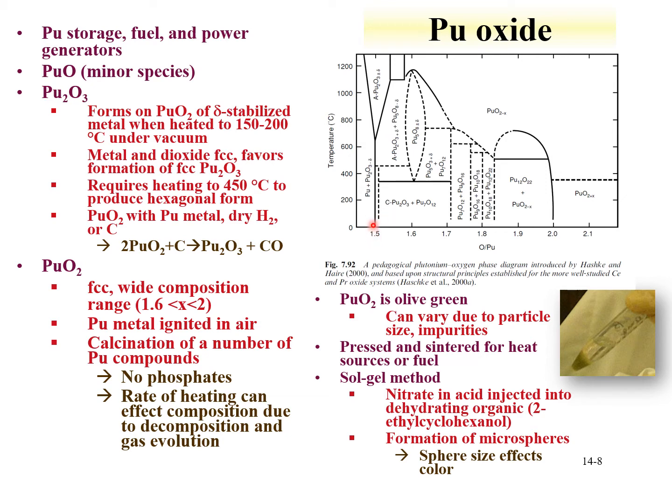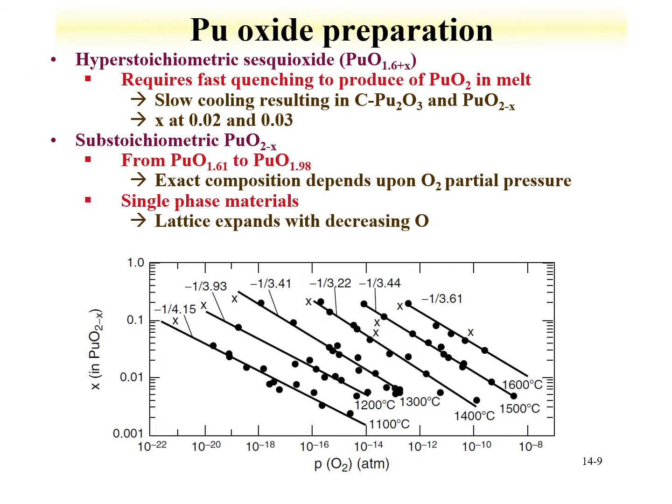We see that it has a number of different phases, somewhat similar to uranium, but some of these haven't been as studied or as identified as the uranium system. Other oxides that we've already discussed are hyperstoichiometric and substoichiometric materials.